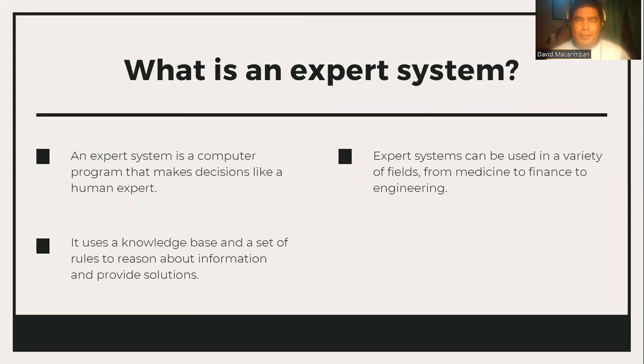What is an expert system? An expert system is a computer program that makes decisions like a human expert. Then it uses a knowledge base and a set of rules to reason about information and provide solutions. Number three, expert systems can be used in a variety of fields, from medicine to finance to engineering.